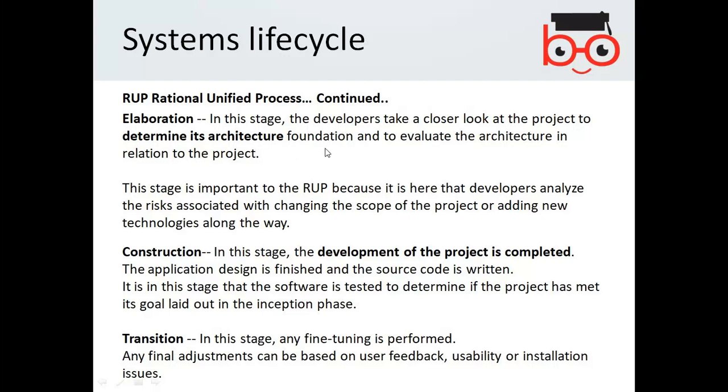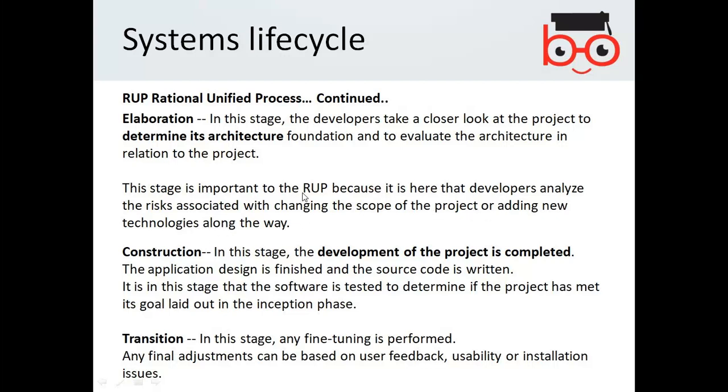The architectural evaluation is done in the elaboration. Whatever the boundaries of the architecture are, they are identified. This stage is important to the RUP because it is here that developers analyze the risk associated with the changing scope of the project or adding new technologies along the way.